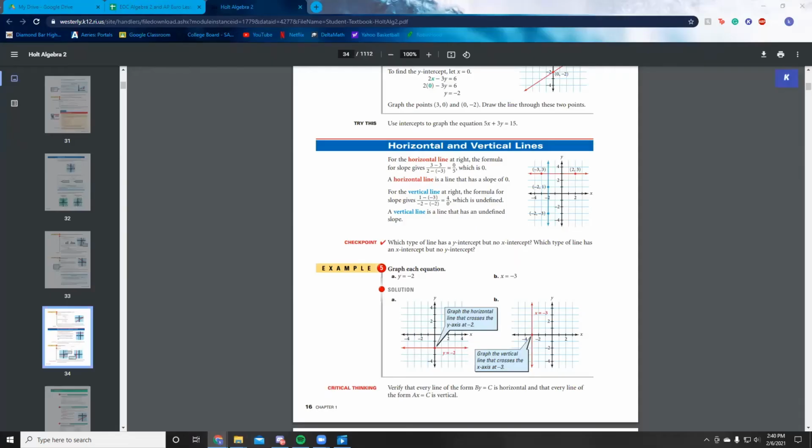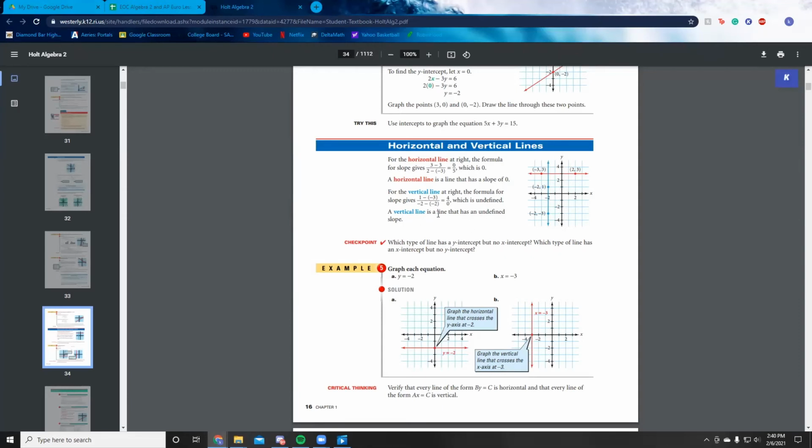The last most important thing is your horizontal and vertical lines. When you look at the slope and you get 0 at the top, you're just going to get 0. That means your slope is 0. But when there's a 0 at the bottom, when you find the slope, that means it's undefined.